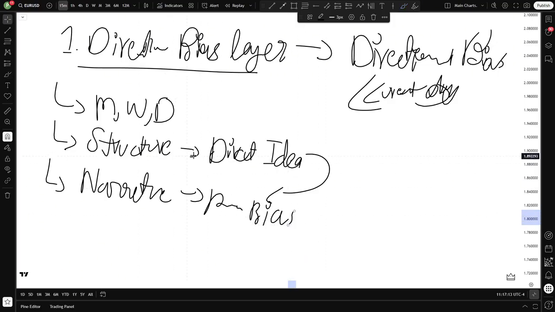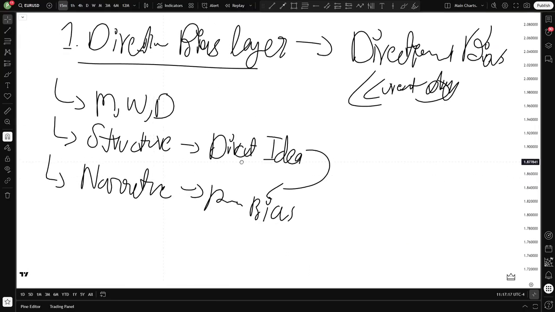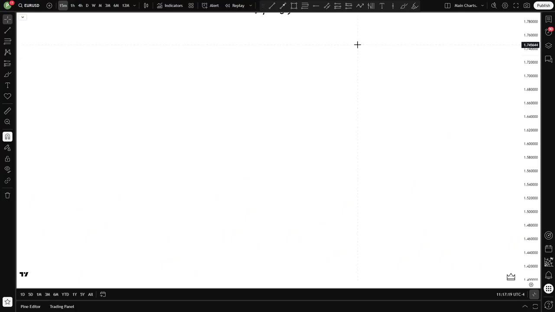Now, what I mean by structure here, let's first discuss structure.